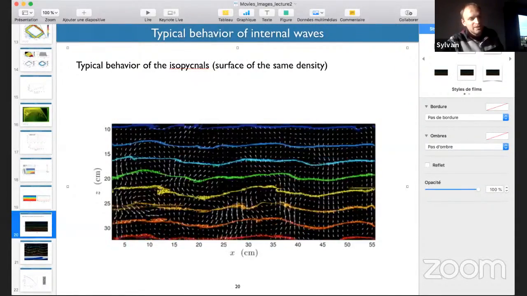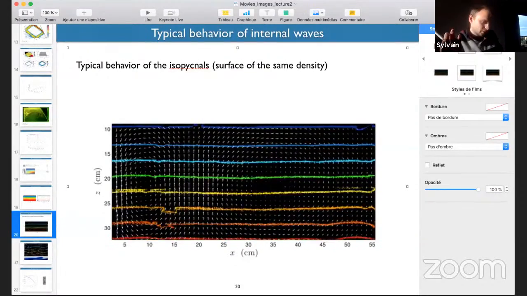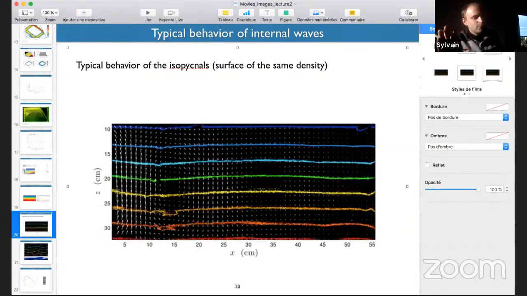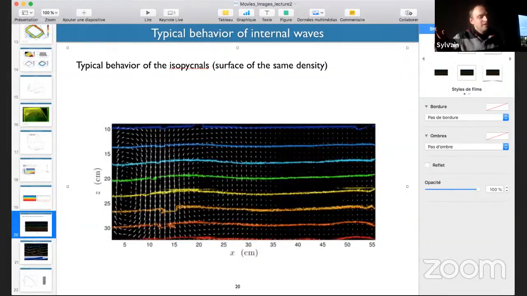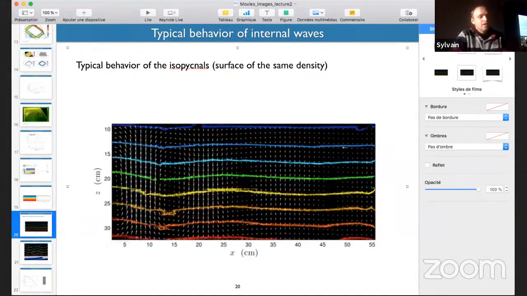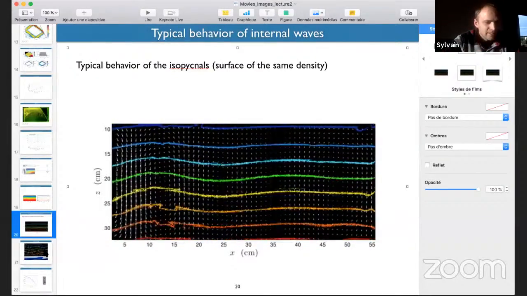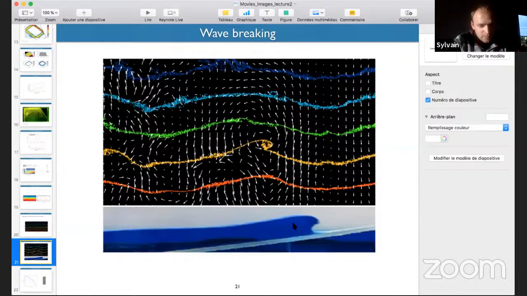It's an experiment that is not easy to perform, having both at the same time, the same location, but I really wanted to finish with this movie that is very beautiful. And this breaking is really related to the breaking of waves that you have at the surface along a slope. And I will end my lecture with this movie.